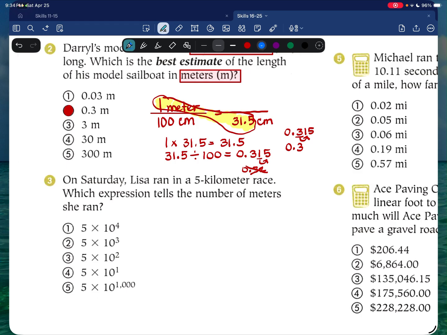On Saturday, Lisa ran in a 5-kilometer race. Which expression tells the number of meters she ran? Oh boy, they just threw scientific notation in on us, and I'm wondering if that is covered in your computation.